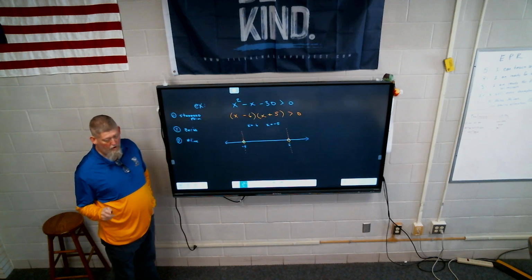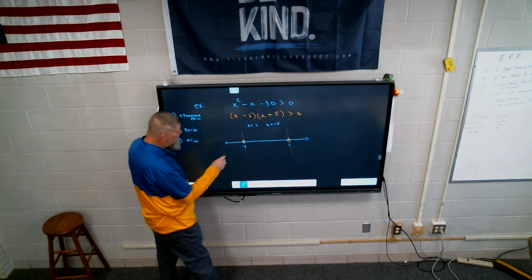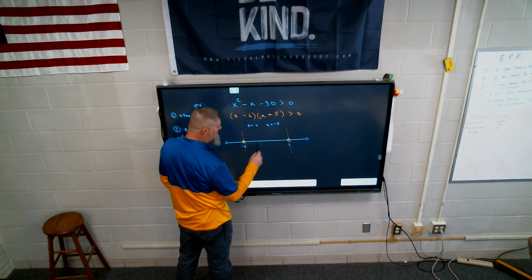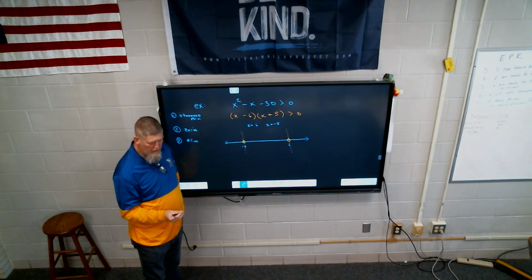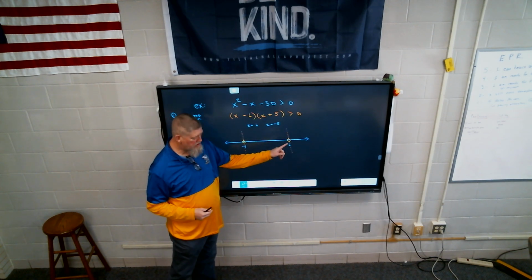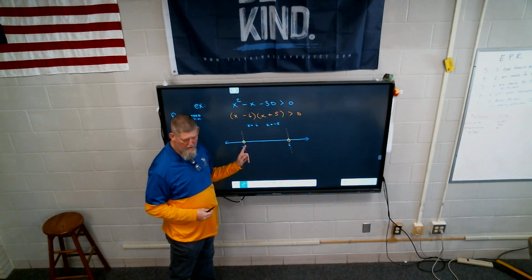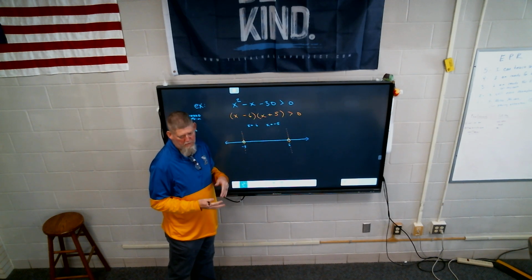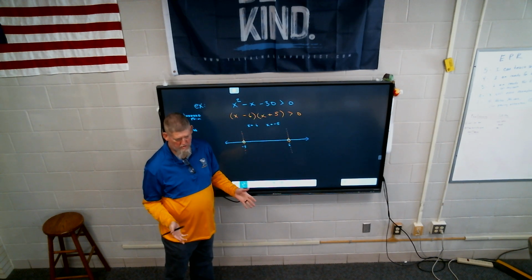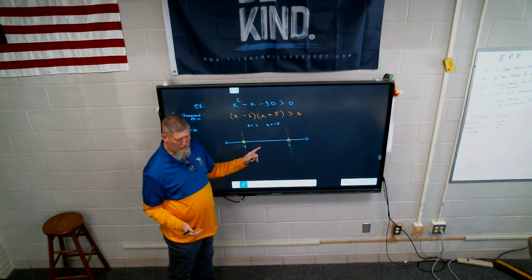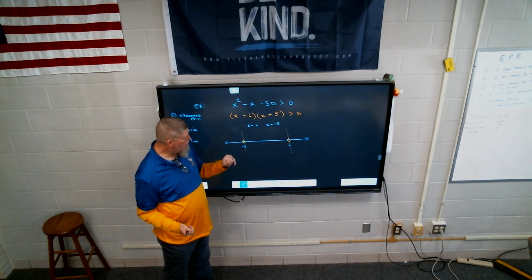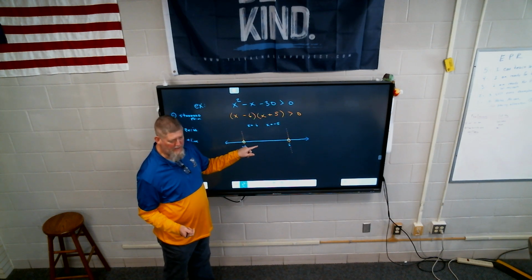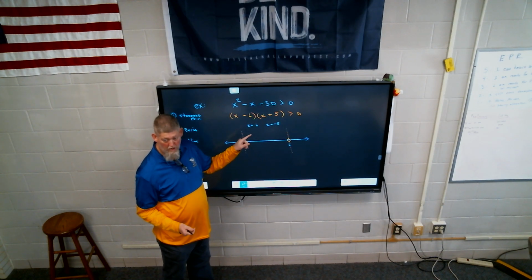Now I know that every point in between -5 and 6 is going to be exactly the same sign. Because I cross here, these are the zeros. So everything in here is either going to be above or below the x-axis. You're not going to get a negative and a positive, because there's no other way to get from positive to negative without crossing through 0.